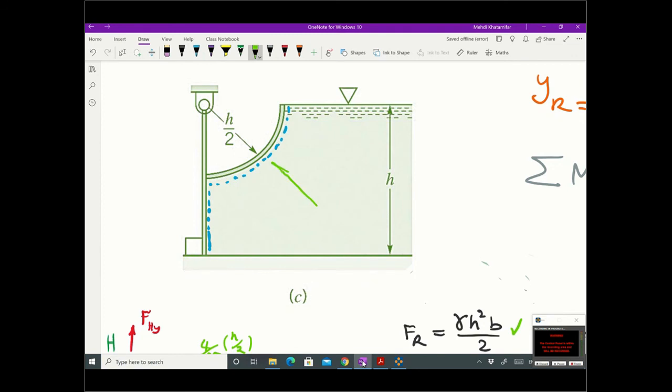Let's call it FR1. It's going to pass through the hinge. So the next step is to find the moment about the hinge, so just neglect that part because it passes through the hinge. That's a really good idea. Don't even bother calculating the bent surface force, the pressure, and then the resultant force there. That was the topic of this session.